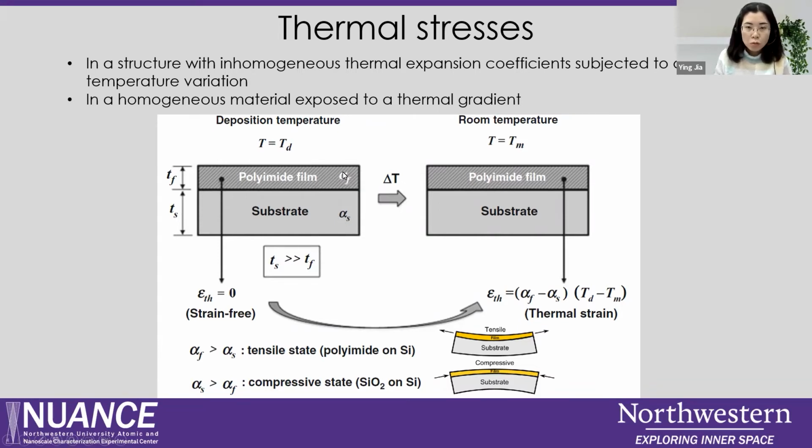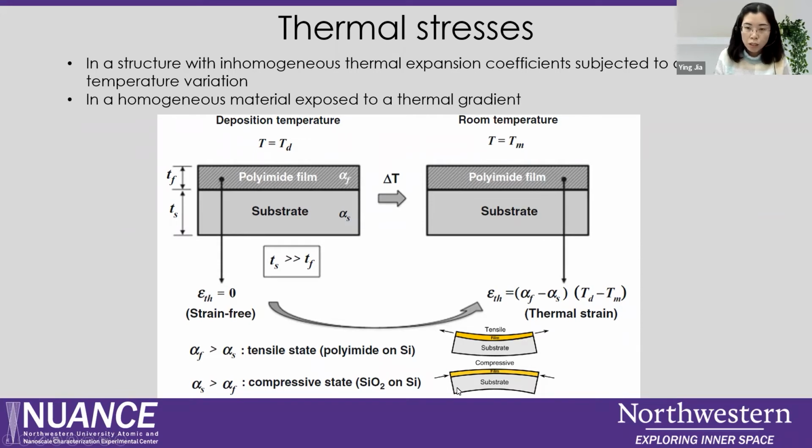But once it's moved to room temperature, it's a cool down, and both materials will shrink. This shrinkage is totally defined by the thermal coefficient. If the film shrinks more than the substrate, it will have this kind of structure: its edge curves up, and this is a tensile state.